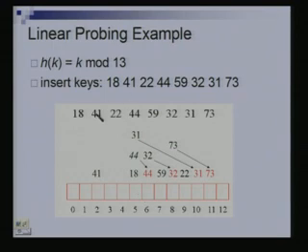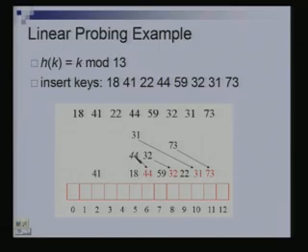41, 41 mod 13 is 2. So 41 goes to location 2, absolutely no problem till now. 22, 22 mod 13 is 9. So 22 goes to location 9, no problem here at all. 44, 44 mod 13 is 5. So we want to put 44 at this location, but it is already occupied by 18.